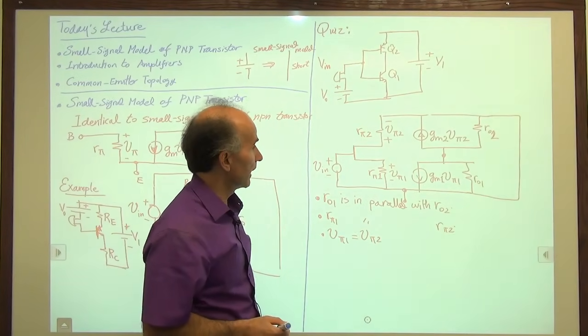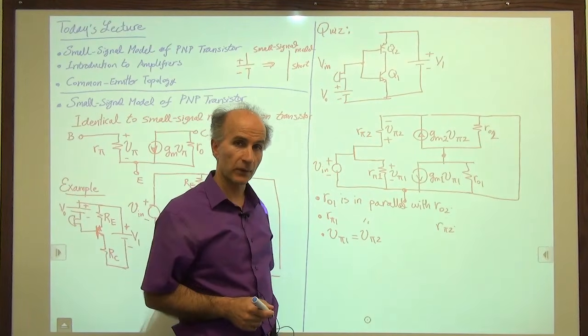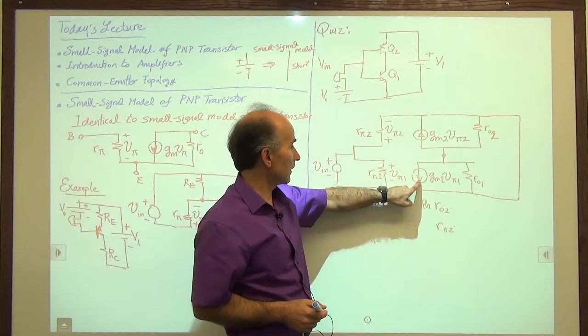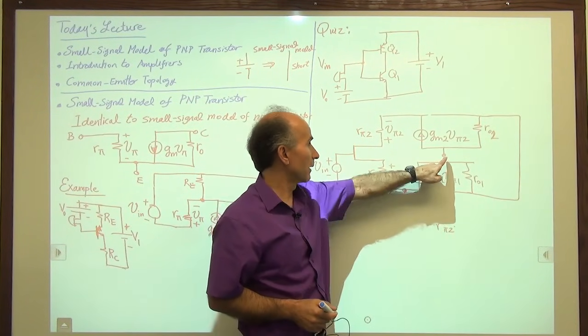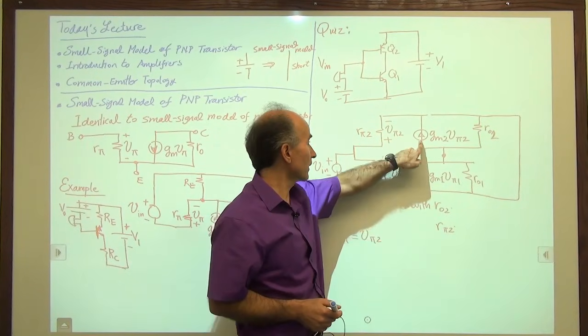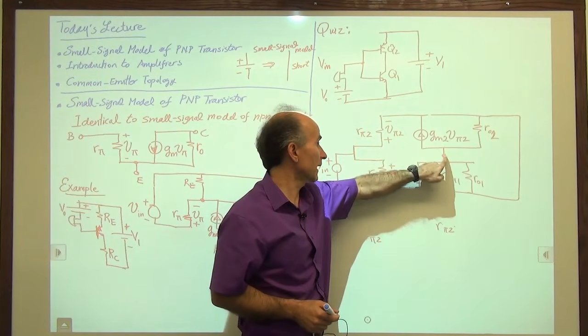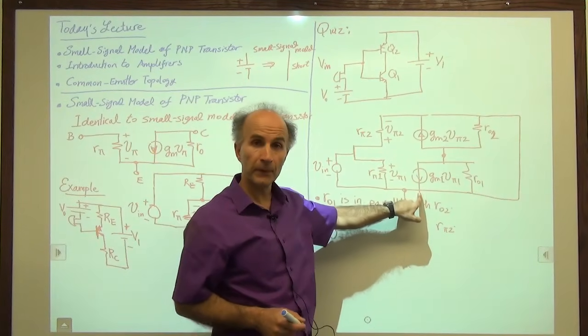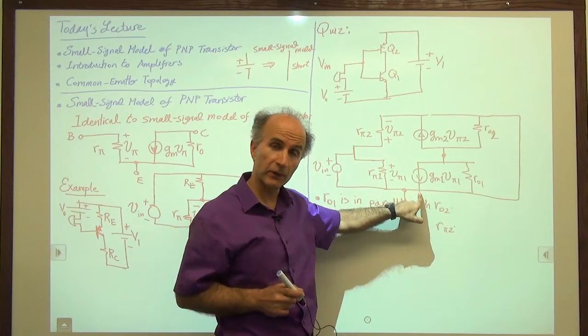All right. Anything else that we can conclude about the circuit? How about these two current sources? This current source is connected from this node to this node. And this current source is connected from this node, the same node, to the same node. So these two current sources also happen to be in parallel.